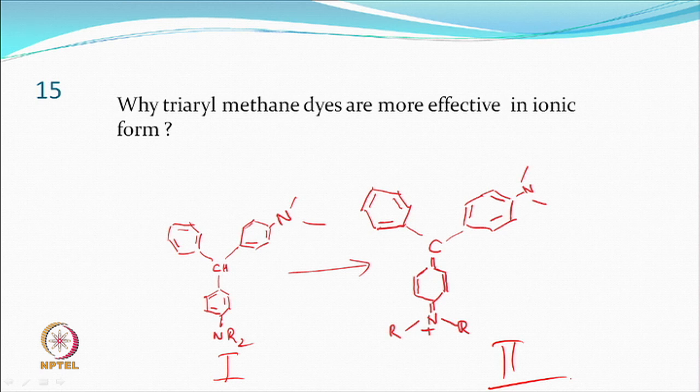The moment you create conditions where a cation is created, you can appreciate that from here to here the conjugation is there, and there is a resonance possible that this particular nitrogen can also have a double bond like this and get a plus charge, and this one. So, two structures alternatively are possible. They have better resonance and also better conjugation, and whenever such situations are created, obviously deeper, better, brighter colors are going to be produced.